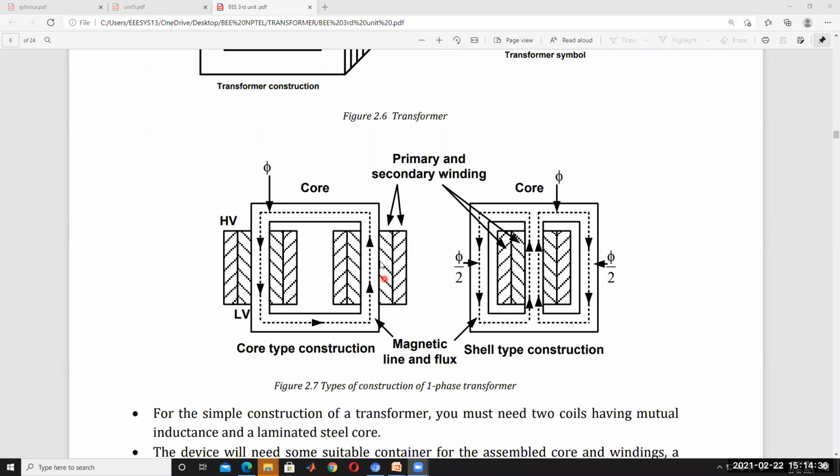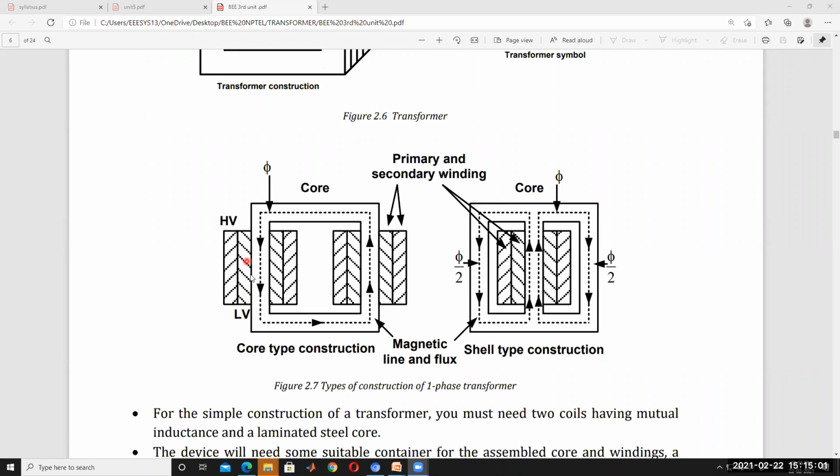See, here is the primary winding, the supply. The low voltage winding is placed near the core, and the high voltage winding is placed away from the core for insulation purposes. If you use the high voltage winding near the core, high insulation is required to separate the core and winding. So the high voltage winding is placed next to the low voltage winding.